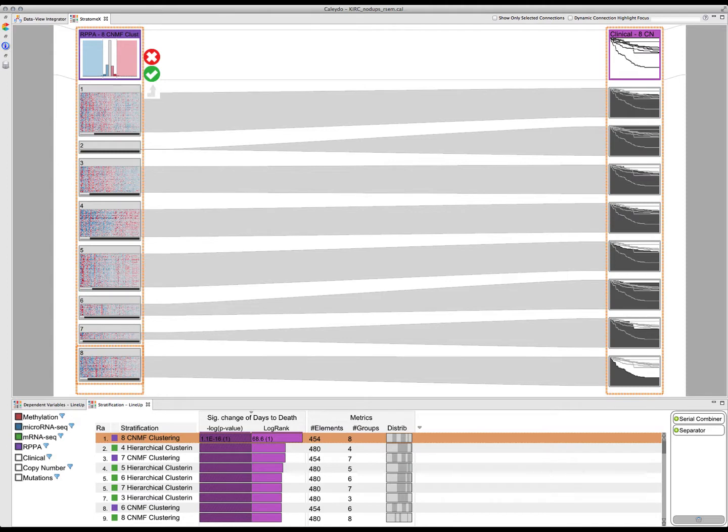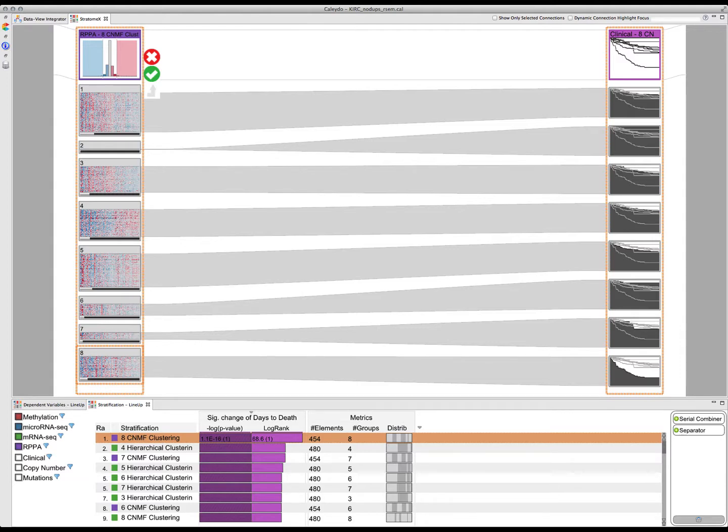So what we did, we essentially looked at methylation data, microRNA-seq data, mRNA-seq data, and the reverse phase protein array data to see if any of these clusters that we get out of that data has a group of patients with worse survival than the rest, okay? For all of these 4 data types, we had clusterings between 2 and 10 clusters.